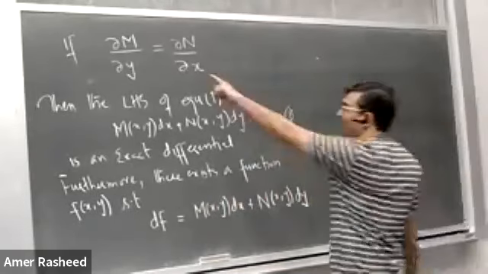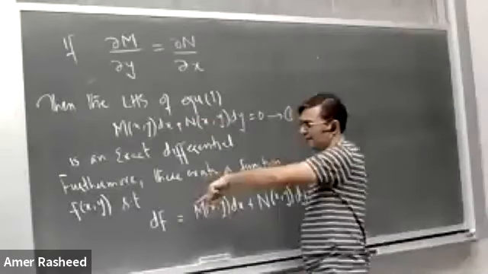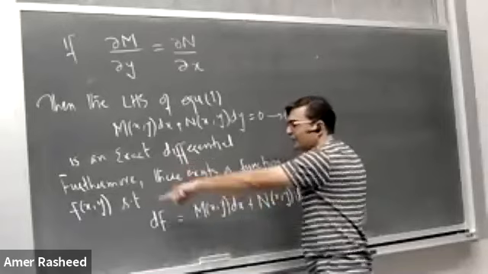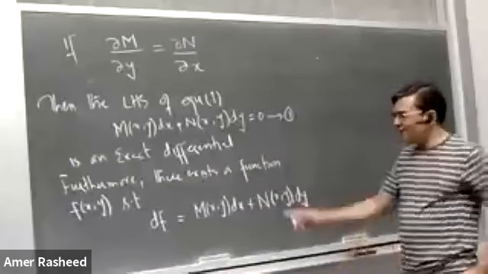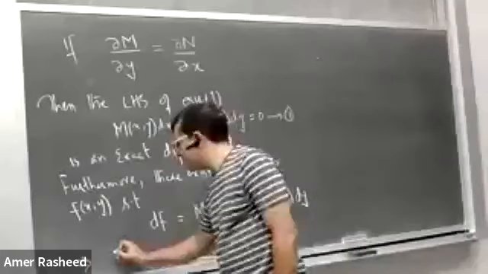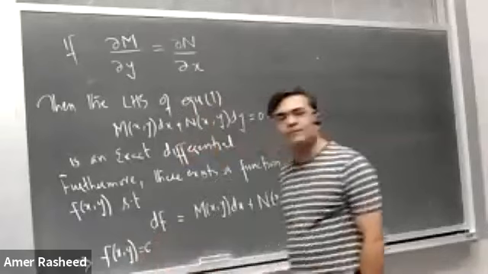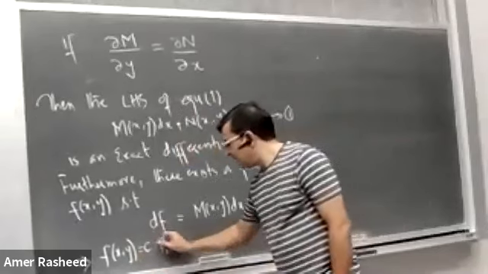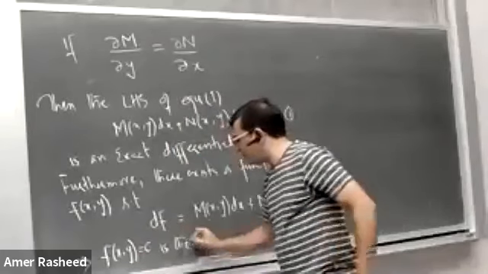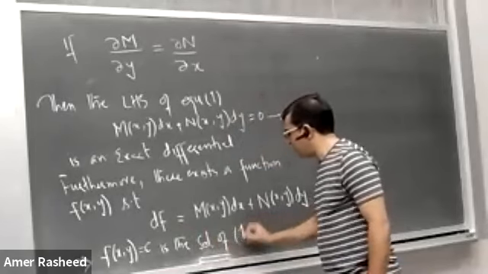The left hand side of this equation will be the differential of that function f. If this is so, what does it mean? It means f(x,y) equal to c is the solution of equation 1.